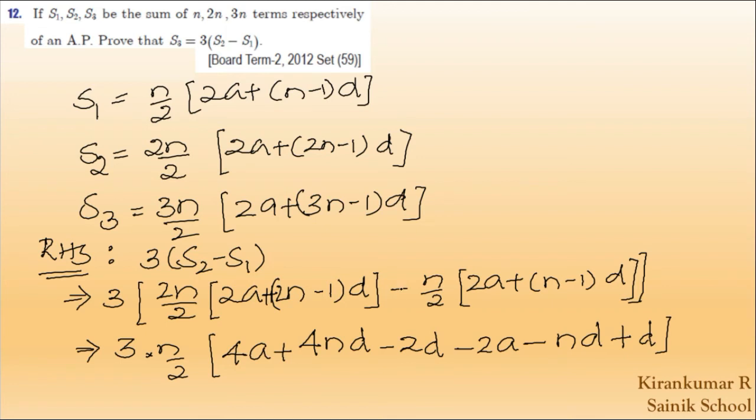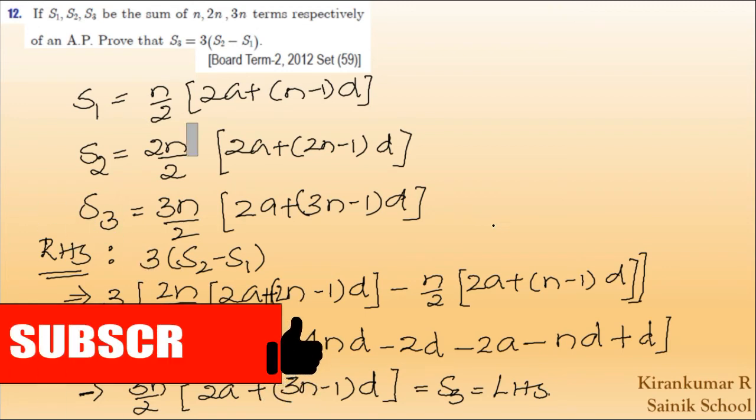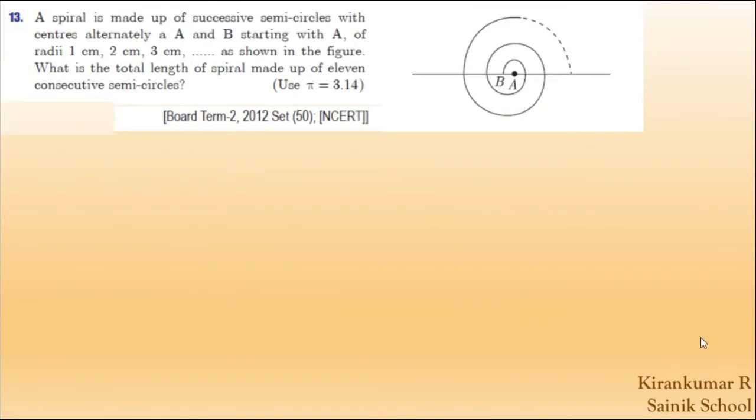I have taken this minus and I have multiplied to each one of them. So I have got 3n by 2 multiplied to 2a plus 3n minus 1 into d, which is same as S3, which is equal to the left hand side. So I have proved right hand side equal to left hand side. Look at this question. This is the same question, we had solved it.